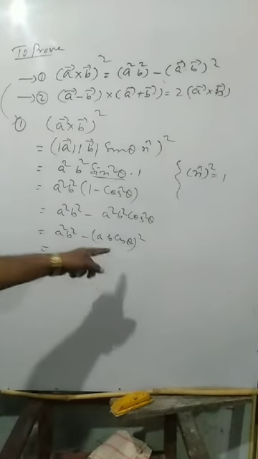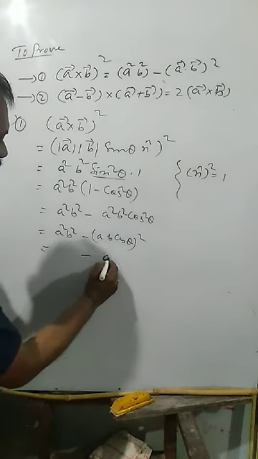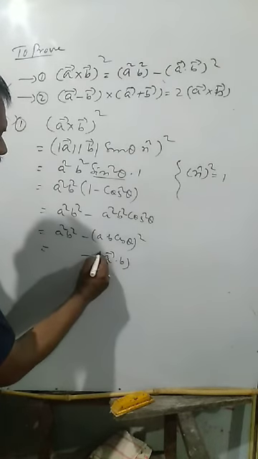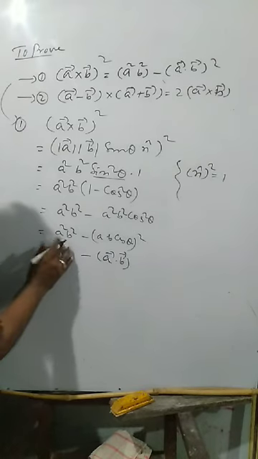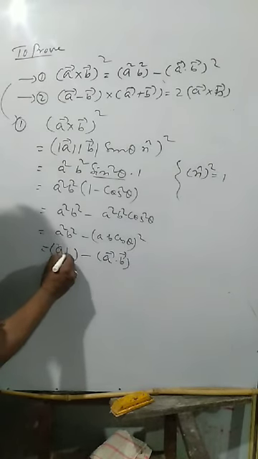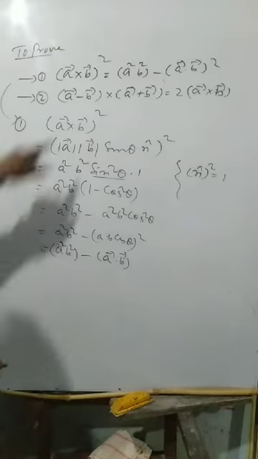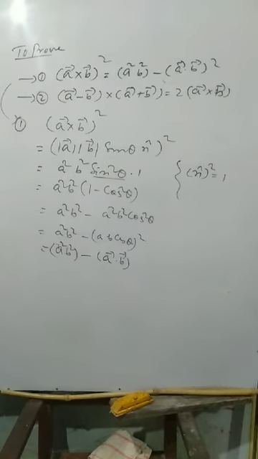What is AB cos theta? AB cos theta is the A dot B. So this is A dot B whole square. So the first one is proved: A square B square minus A dot B whole square. So next, how to prove? Let's see.